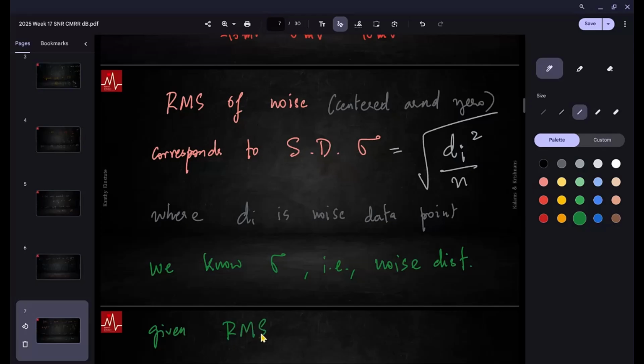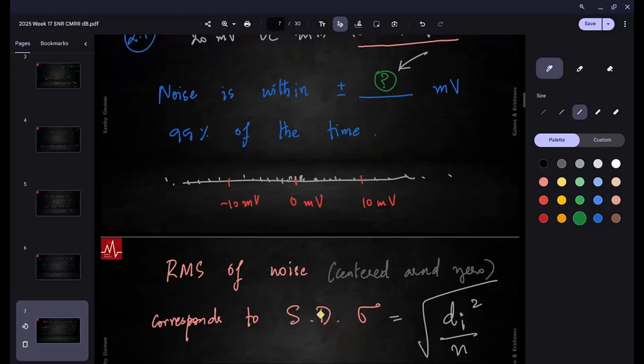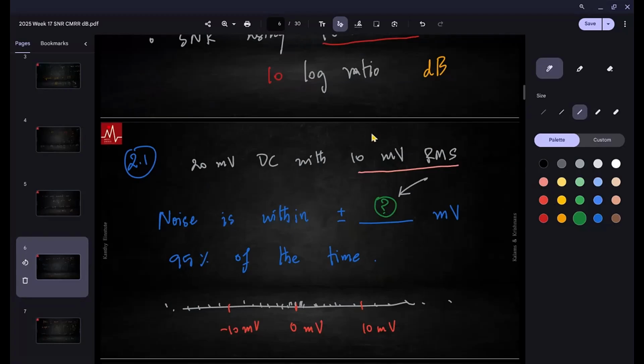So now we know the distribution, we can calculate probabilities. Recognize what is given here, this corresponds to the sigma of the noise. And what I'm asking is: with 95% probability, it should be within this range.